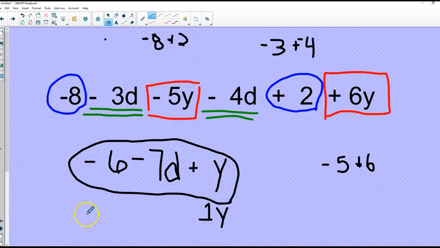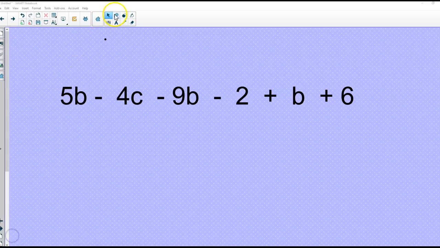Okay, let's look at one last problem here. As I first glance at this problem, I notice some b's and some c's and some constants. So let's find our like terms. I see a b here, so I am going to put a square around it.